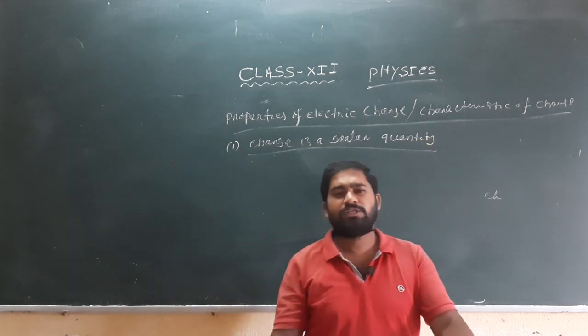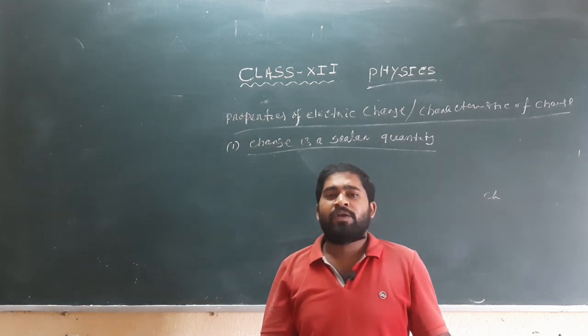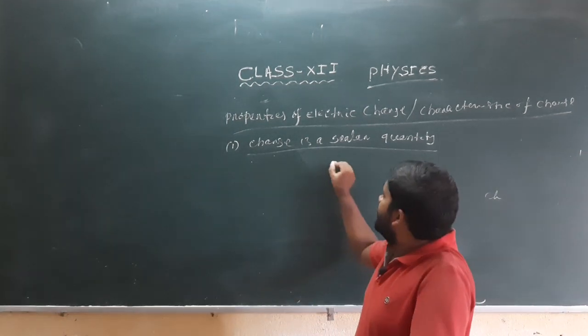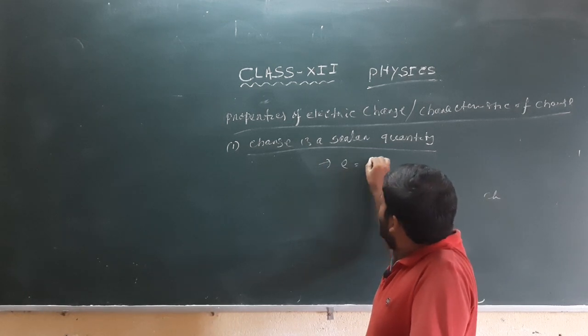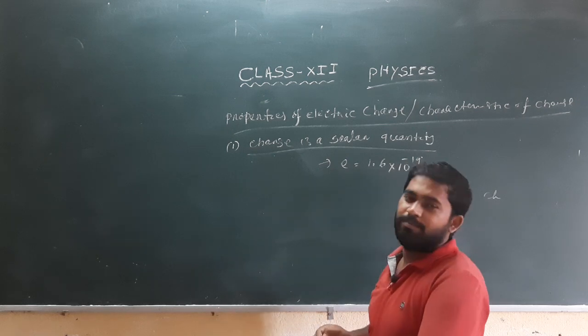And the magnitude of an electric charge equals 1.6 into 10 to the power minus 19 coulomb.